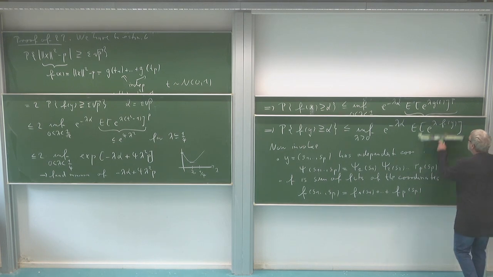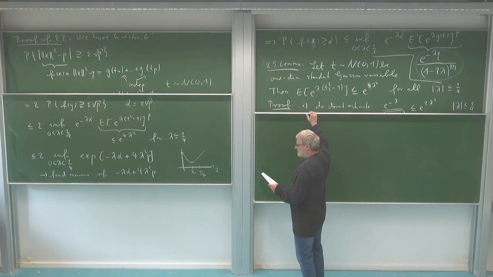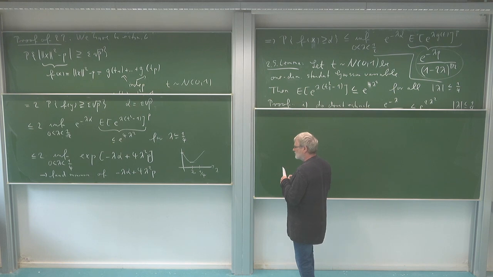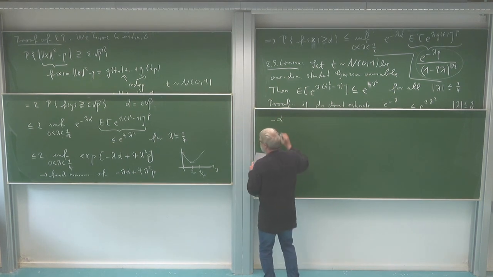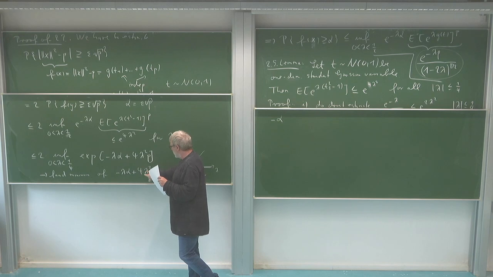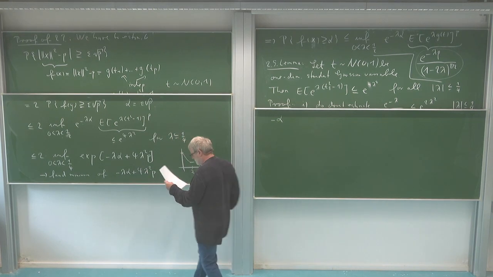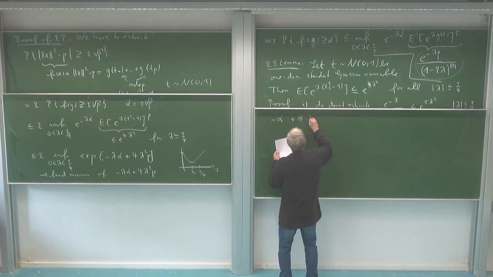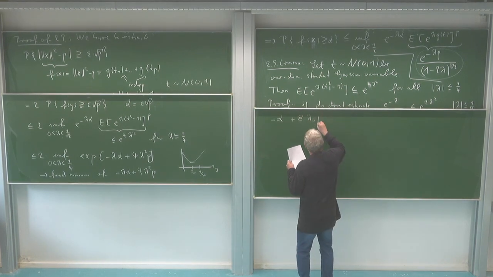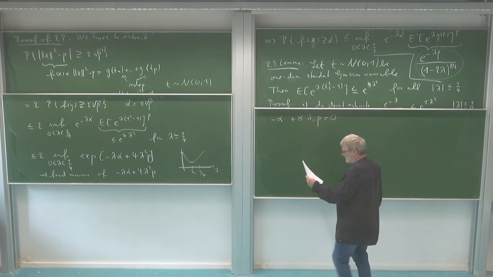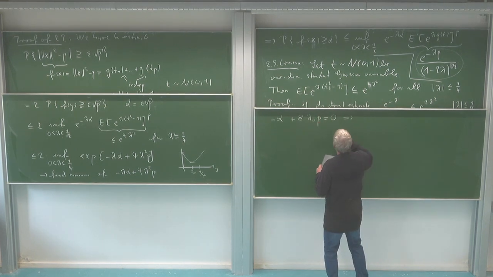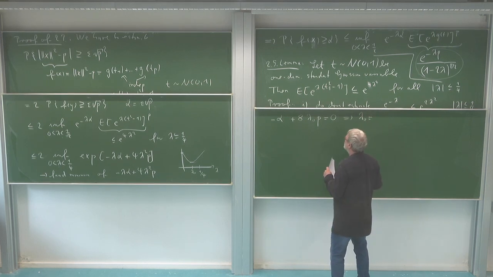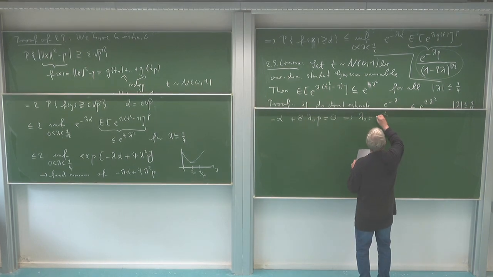This should be okay. Taking the derivative with respect to lambda gives me minus alpha plus 8 times lambda p. Let me call the minimum lambda 0, and the condition is that this derivative is equal to 0, which means lambda 0 is alpha divided by 8 times p.